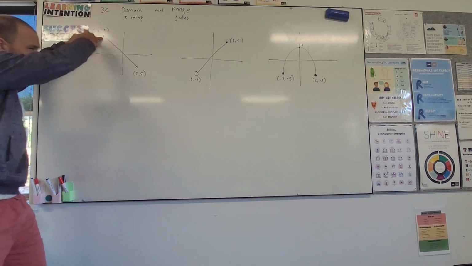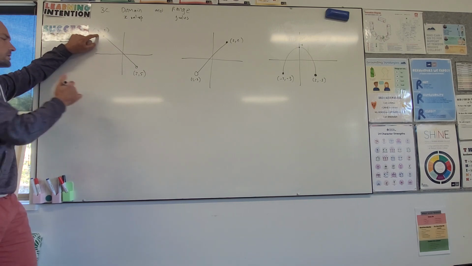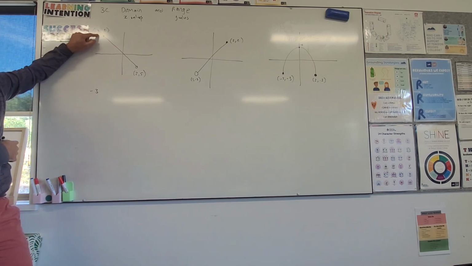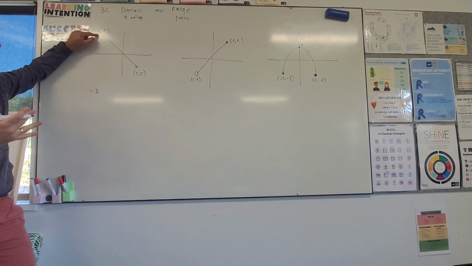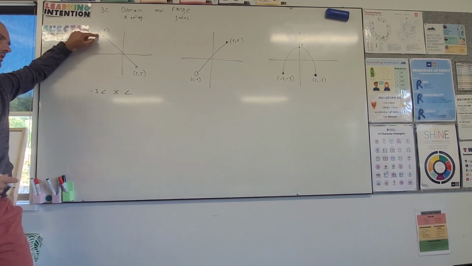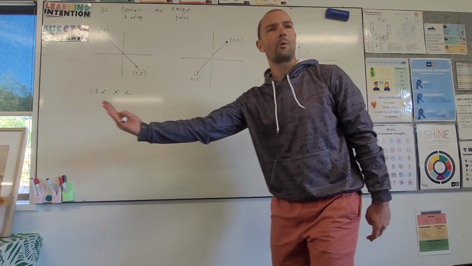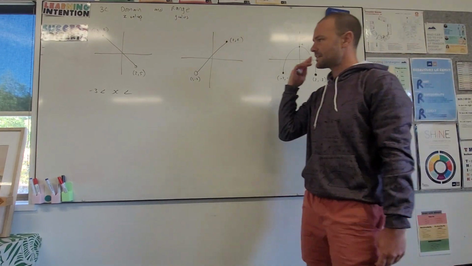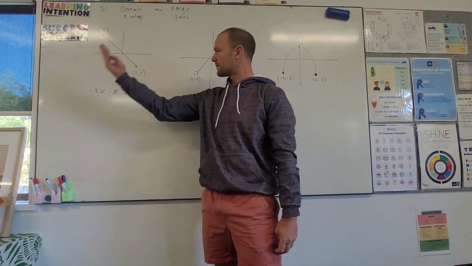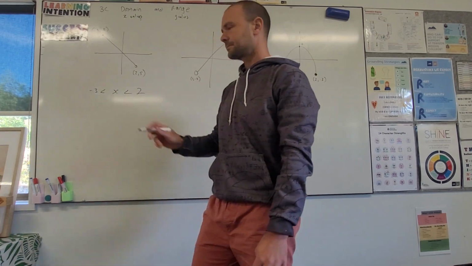This is the coordinate on the line that's furthest to the left, and the x value it corresponds with is -3. To begin with, we'll always set it up like this: -3 is less than x is less than, and then we ask, what's the highest value of x? What's the point furthest to the right? This is the coordinate that's furthest to the right, and it has an x value of +2.